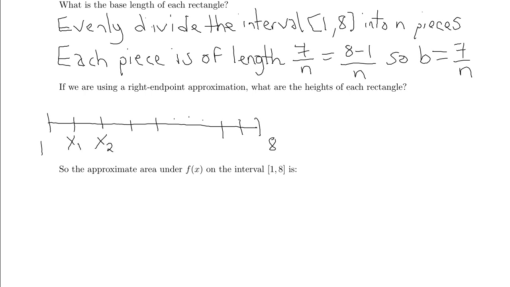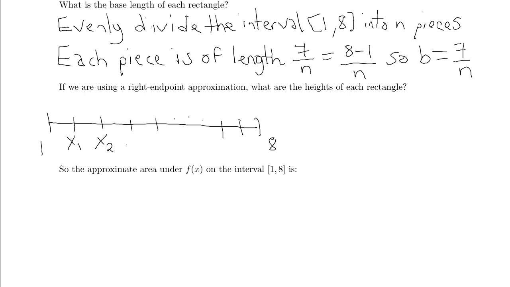So I'm using the right endpoint, right? My first subinterval is going from 1 to this first tick mark. Of the two endpoints, I'm going to use the right one. So that's why I'm labeling that endpoint x1, because that's the endpoint that we use. And then in the next subinterval between x1 and x2, I would use the endpoint x2, because that is the right endpoint out of the two of them.